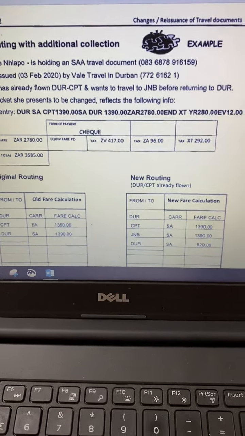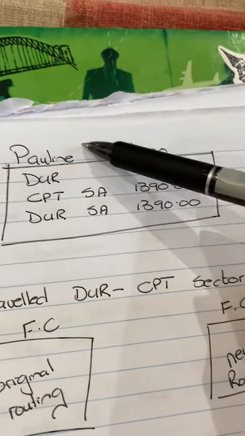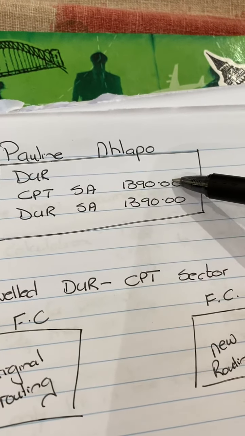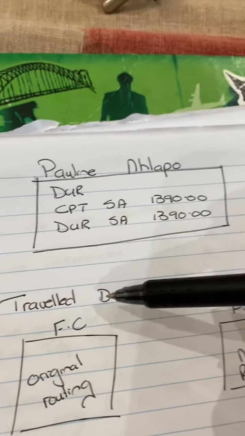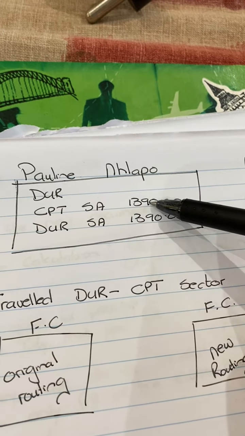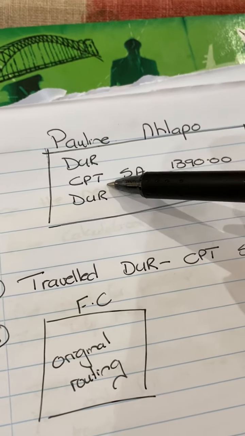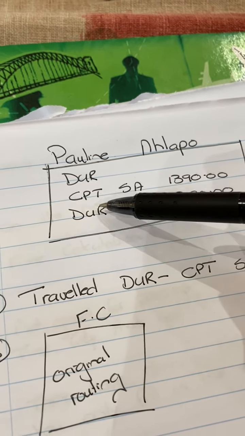In a short summary, she's got a ticket Durban-Cape Town, that's what it cost. She has now traveled from Durban to Cape Town, but she now wants to travel to Johannesburg after Cape Town and then to Durban.